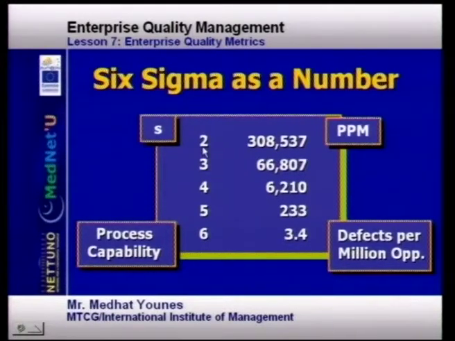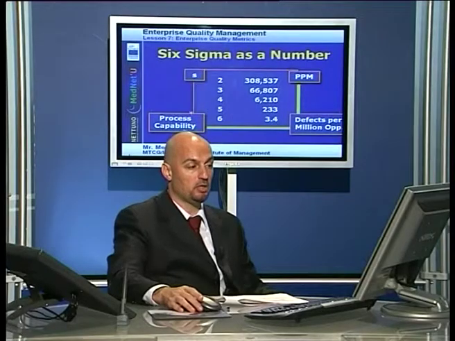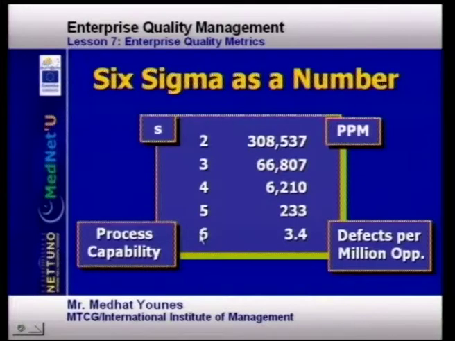A sigma of 2 results in 308,000 defects per million, while a sigma of 6 results in only 3.4 defects per million. The goal of any process or system is to achieve, of course, a sigma value equal to 6.